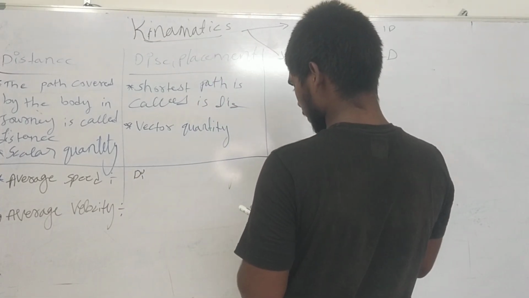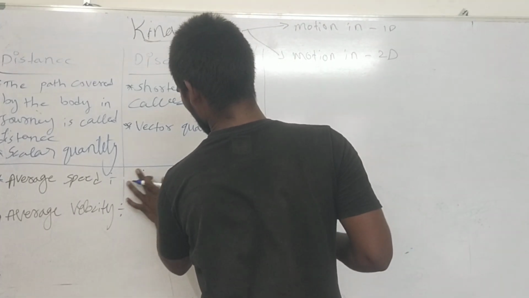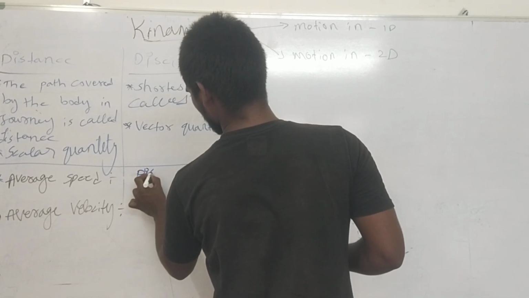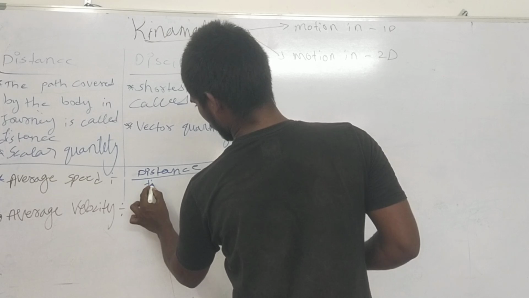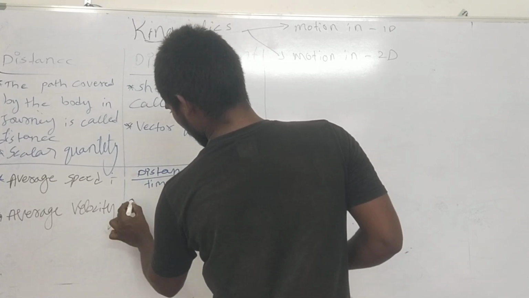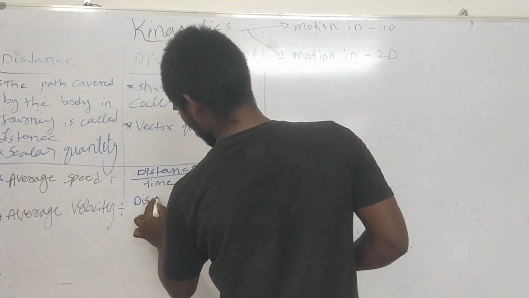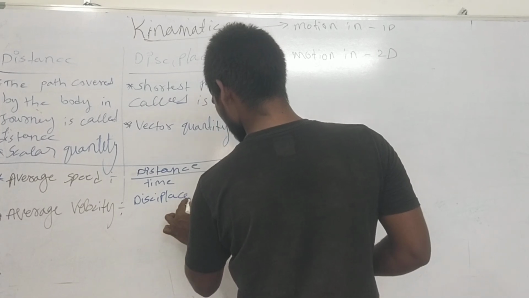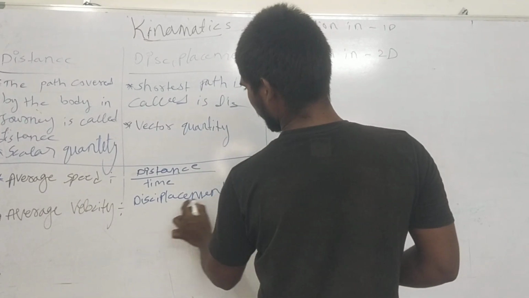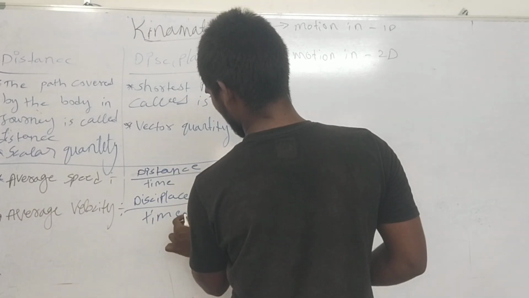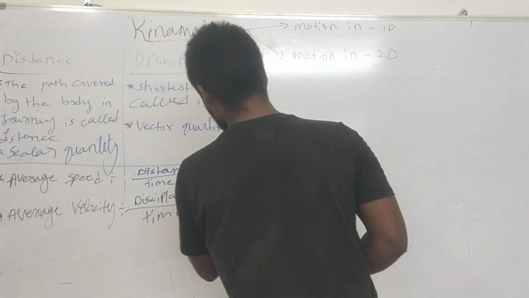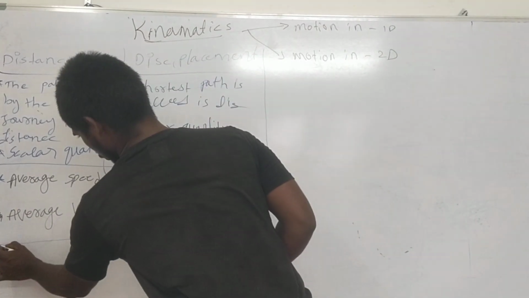Total distance covered by a body by total time. What is the formula for average velocity? Total displacement by total time, right? These are the general formulas we need to know.